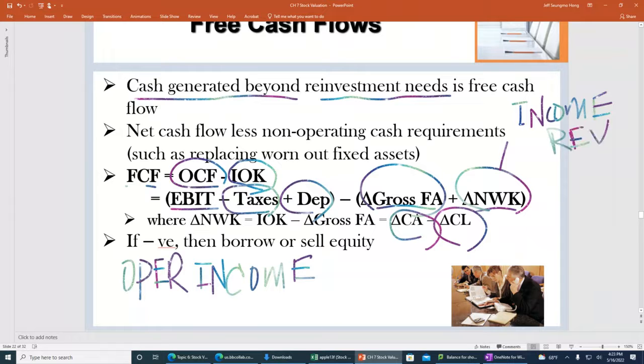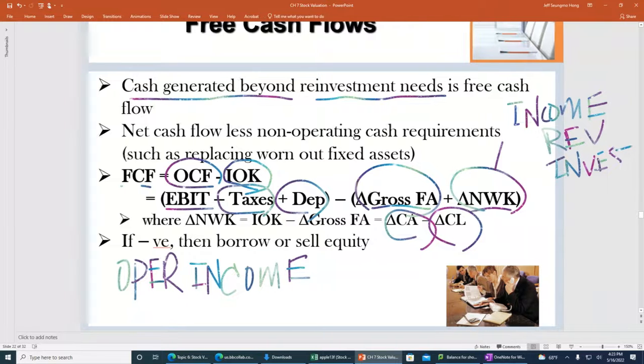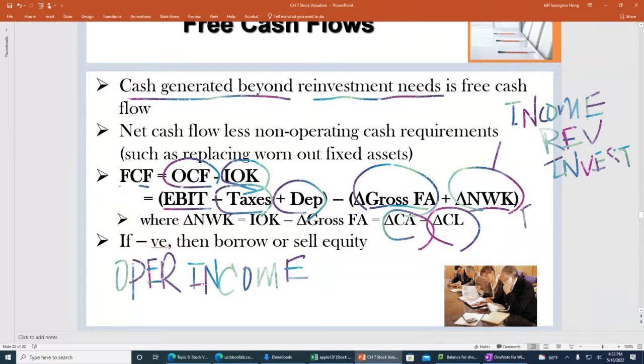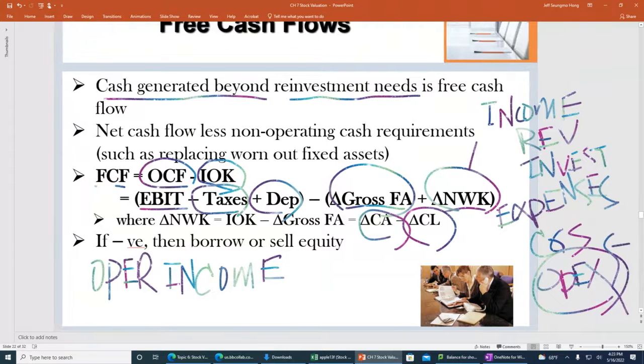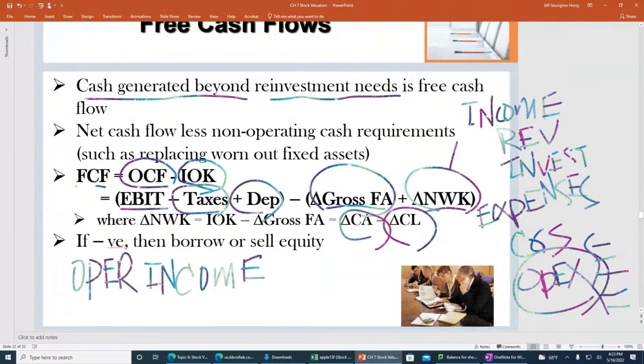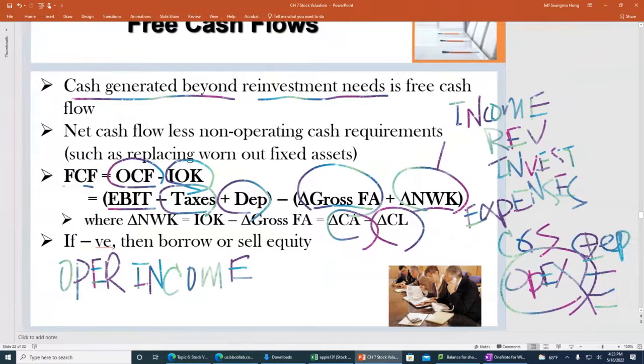Revenue and investment income. And then expenses come from two sources, CGS and operating expenses, OPEX. And one of the OPEX is depreciation. So it looks like it's an expense.